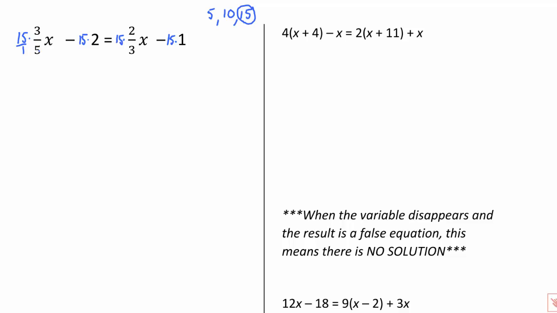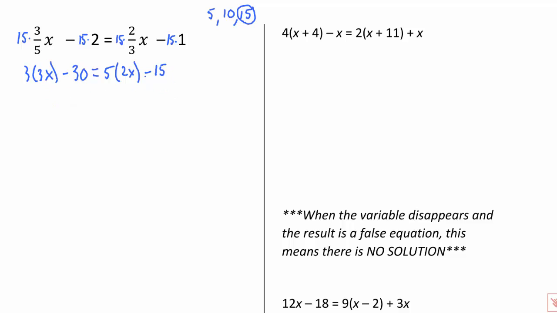So 15 divided by 5, excuse me, let me erase those two. So 15 divided by 5 is 3, and I'm going to multiply by the numerator, which is 3x. And then here it's just 15 times 2, so that's minus 30, is equal to, again, 15 divided by 3 is 5 times the numerator, 2, and then I'm just going to put the x in there, minus 15 times 1, which is 15.